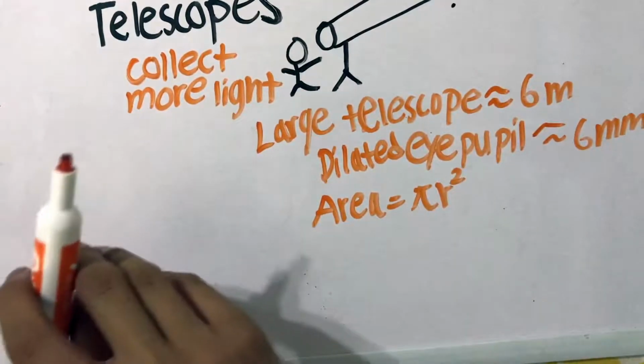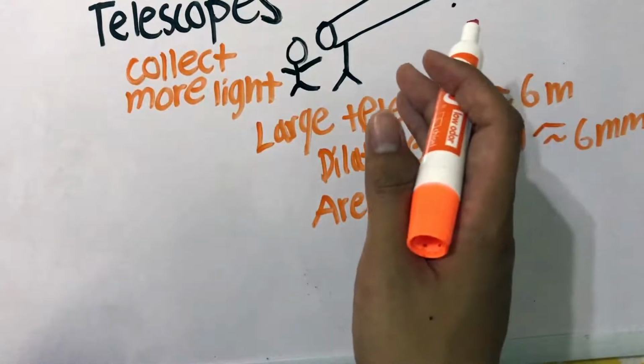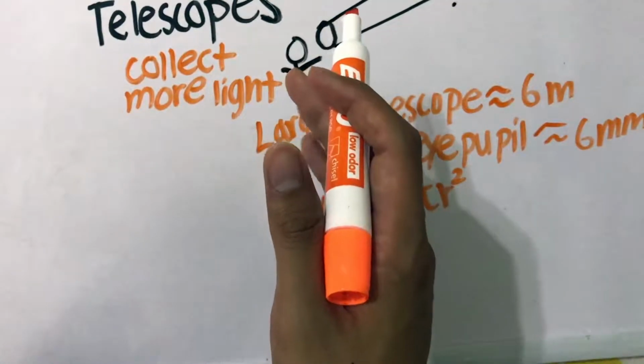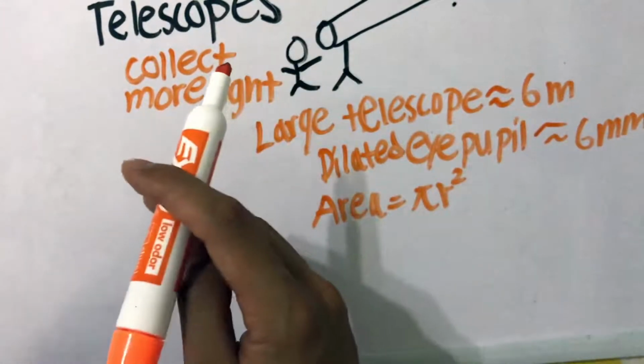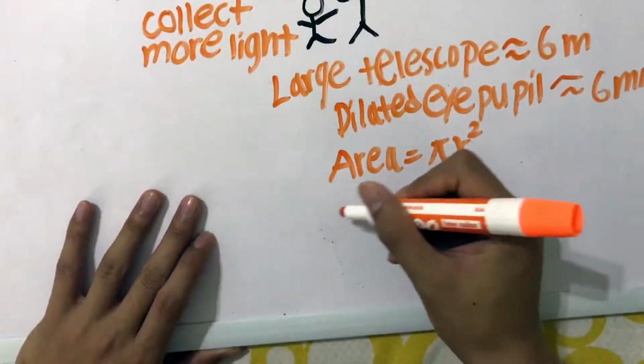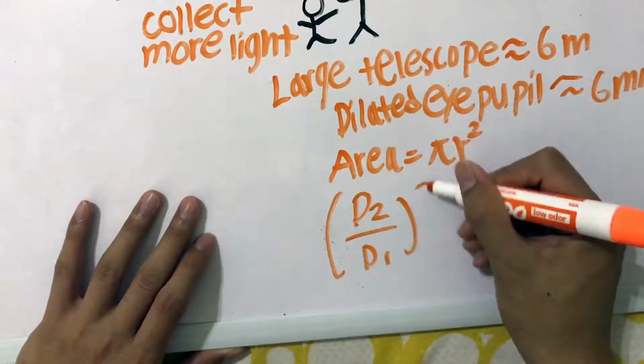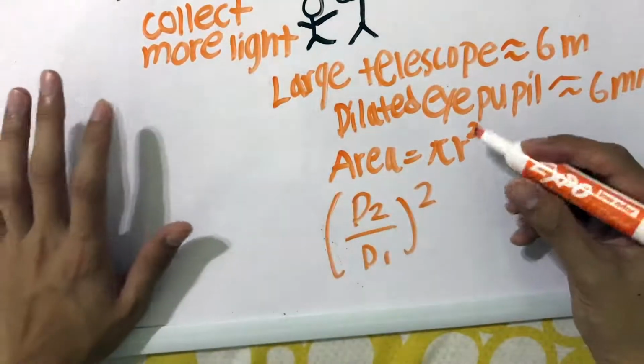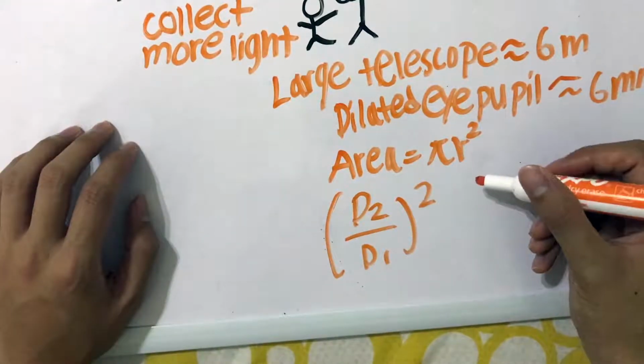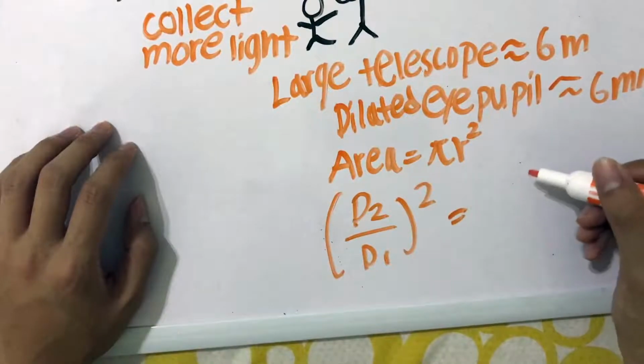Well, we can figure this out by doing the diameter of the eye over the diameter of the telescope. And we can do that by doing d2 over d1 squared. And d2, the diameter of the telescope, is actually 6 meters.